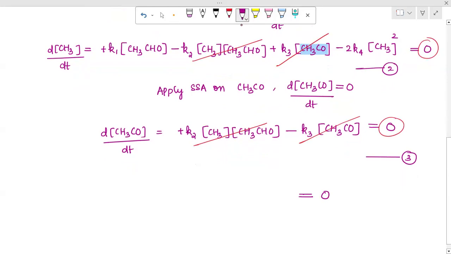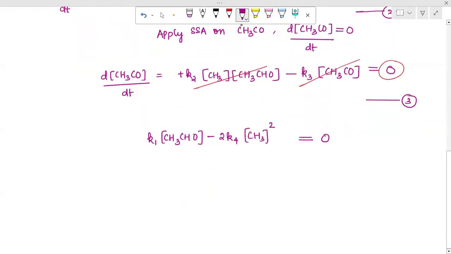After cancelling all these, what we have is just K1[CH3CHO] minus 2 times K4[CH3]^2 is equal to 0. Now it is very easy. The only intermediate that we have is CH3.